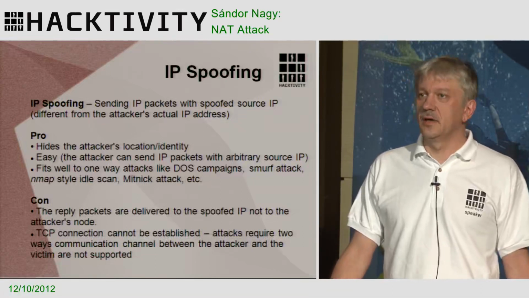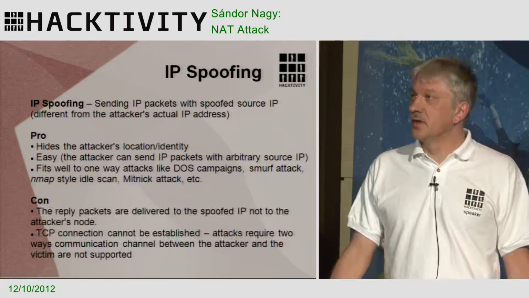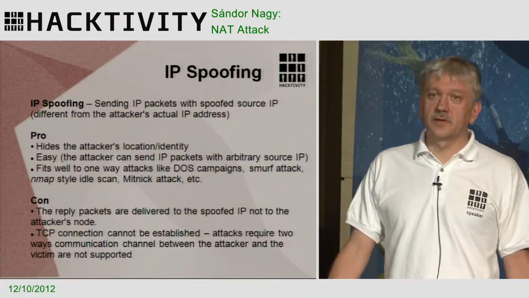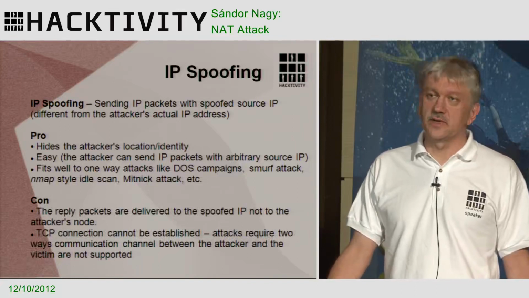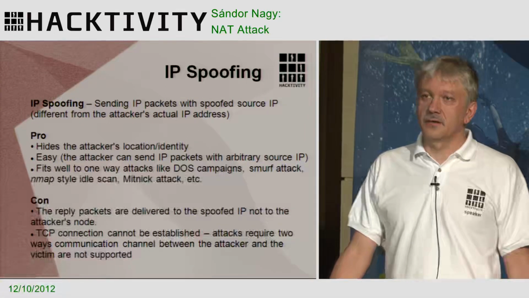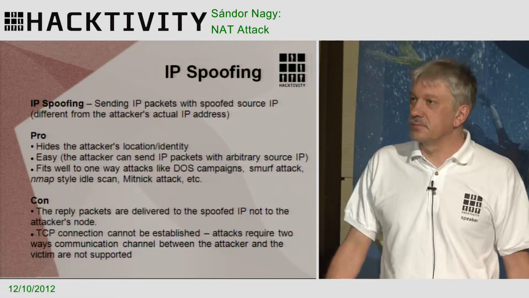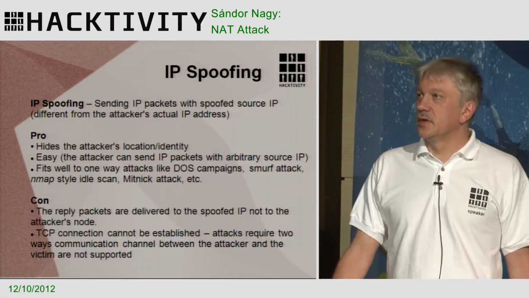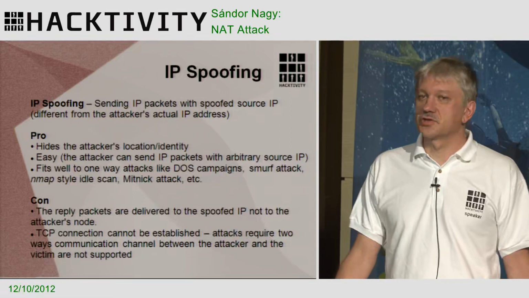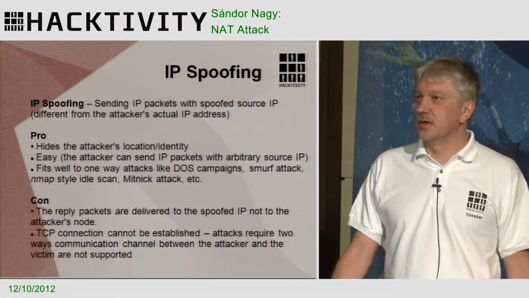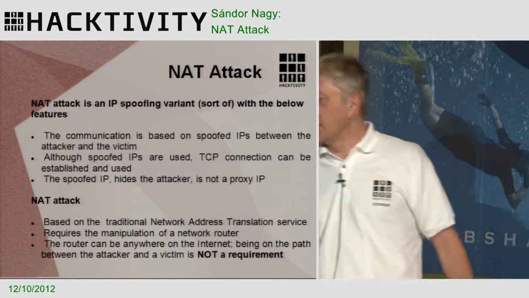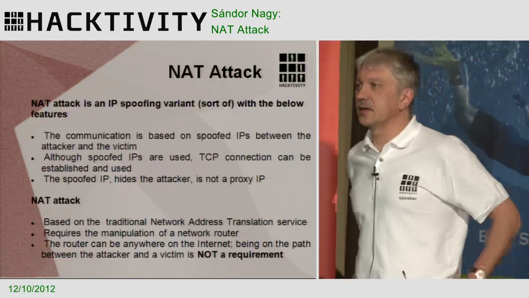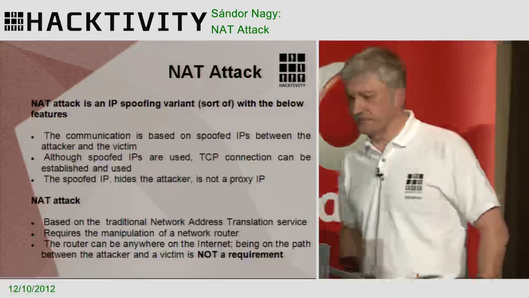So it's a problem, at least from the attacker's perspective, because if he cannot establish a two-way communication channel between the attacker and his own node, a bit more sophisticated attack cannot be launched. Just a simple example: a SQL injection cannot be launched without a TCP connection. So this should be fixed in some way, and the NAT attack can fix this problem.